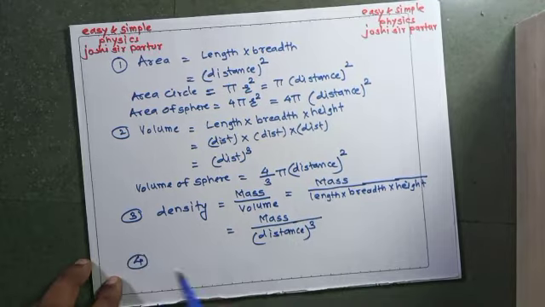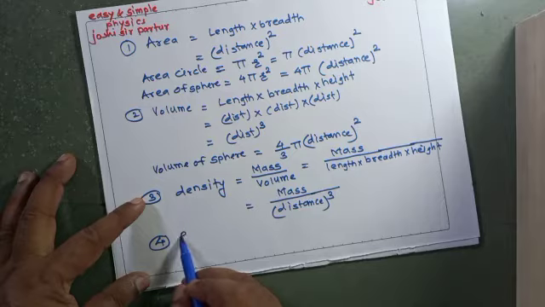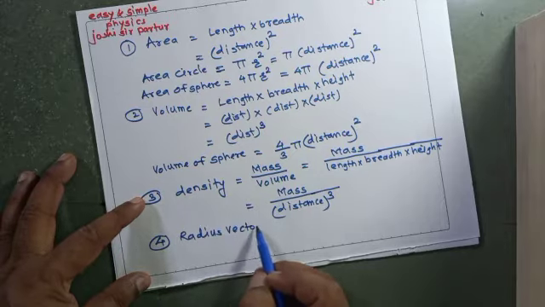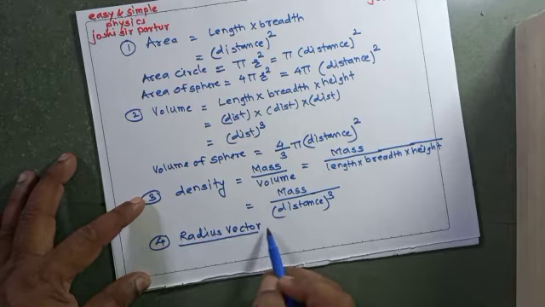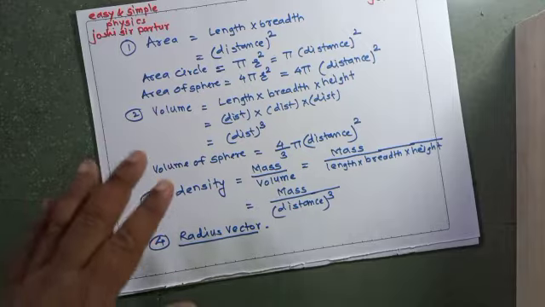The fourth physical quantity is the radius vector. We know that radius is the distance from the center of a circle to the position of an object or particle on the circle.